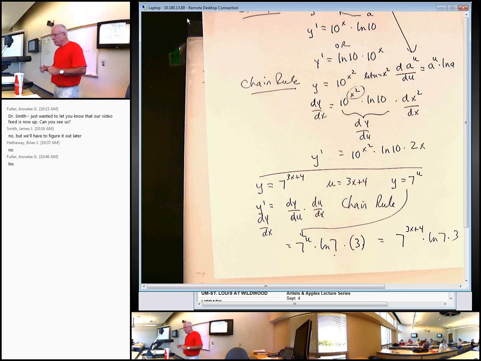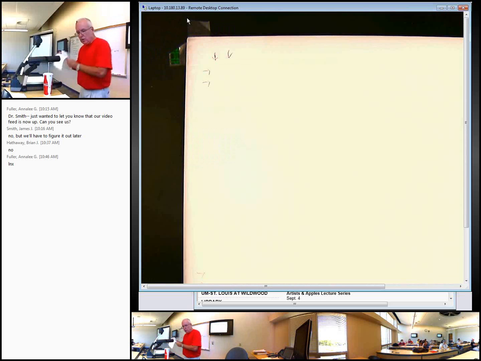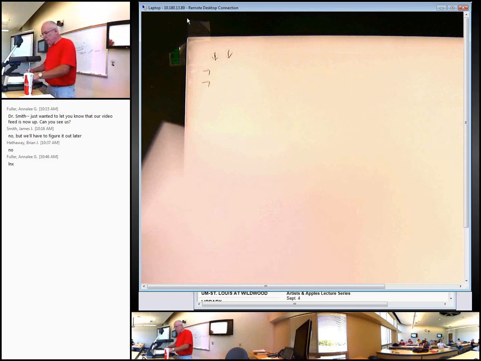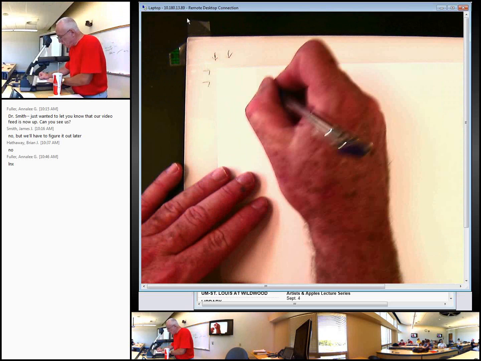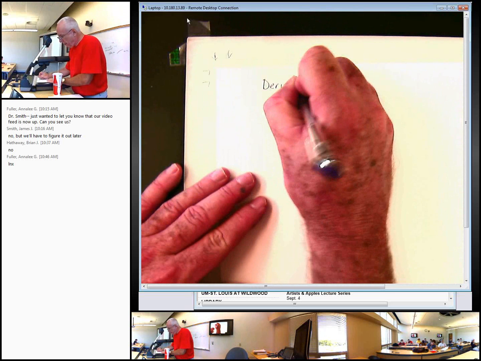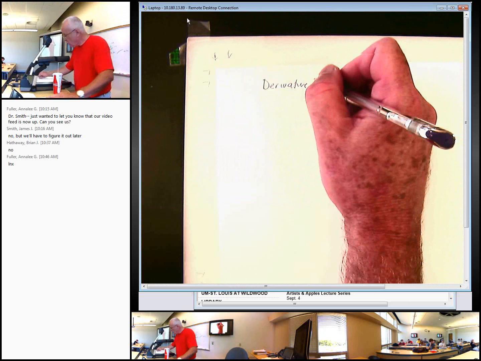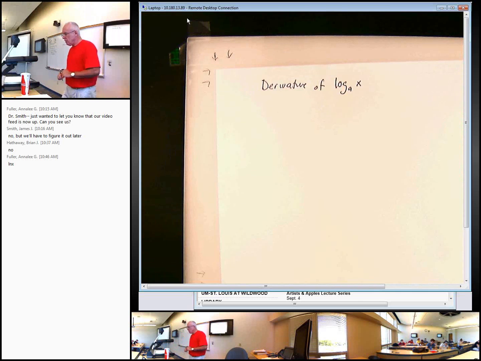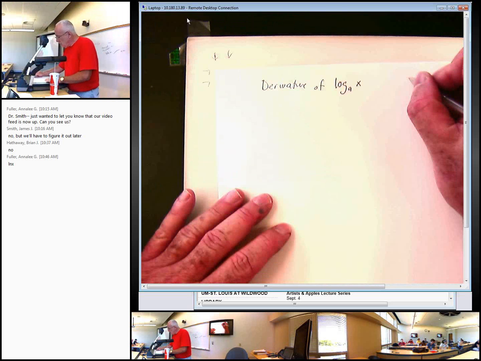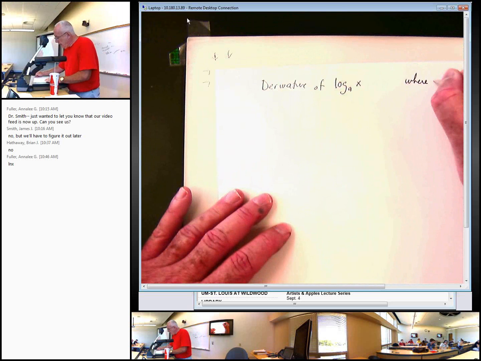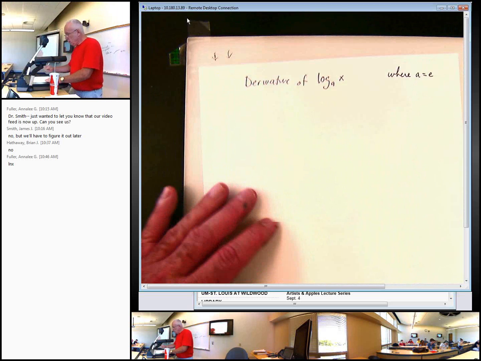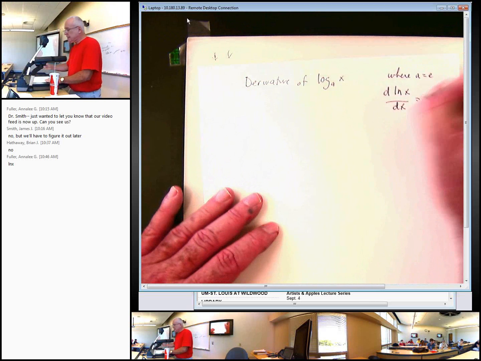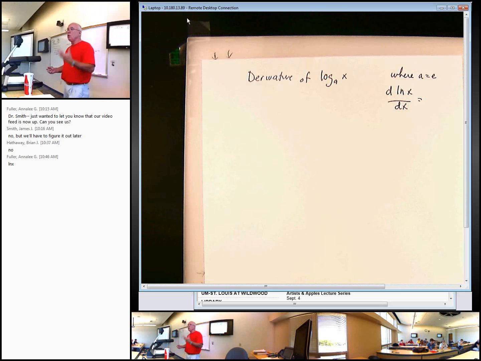Okay, so I want to do one other thing here. The last thing on this section is another derivative, and this time it's the derivative of log base a of x. Now remember, where a is equal to the number e, we've done the derivative of the natural log of x already, and we found that it's equal to 1 over x.